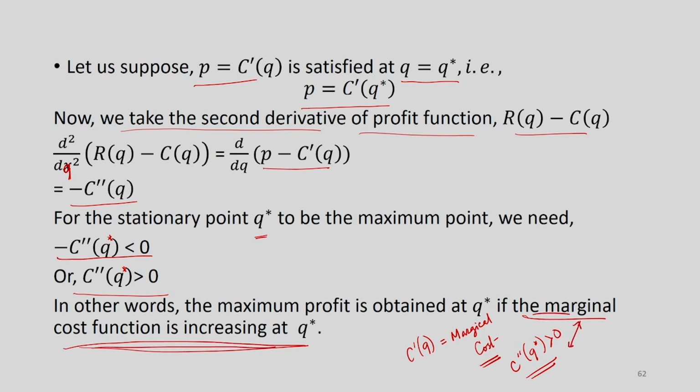So, the second order condition of profit maximization in case of perfect competition boils down to the condition that the marginal cost function should be rising at the point where the first order condition is satisfied.